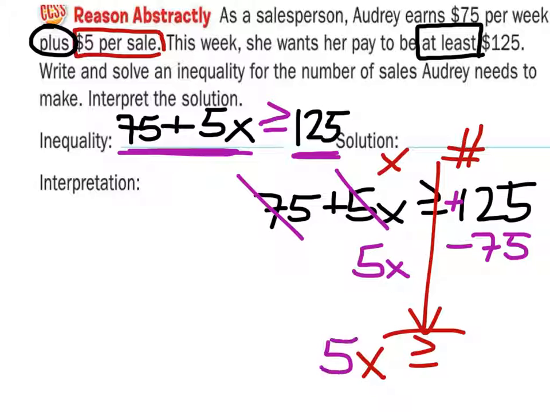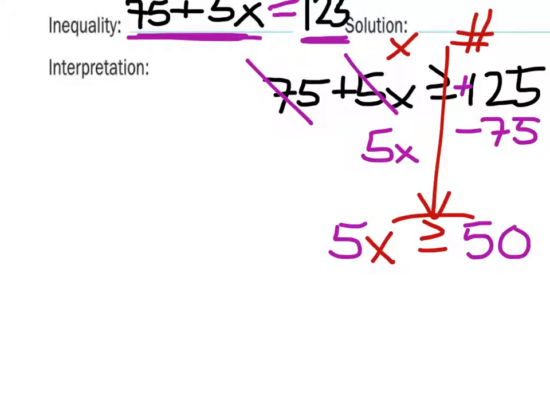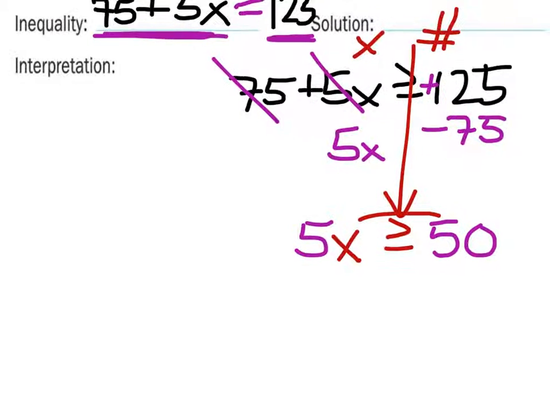So we've got 5x is greater than or equal to 50, and then we solve. Is the coefficient negative? No, it is not. So x is greater than or equal to 50 divided by 5, which is 10.